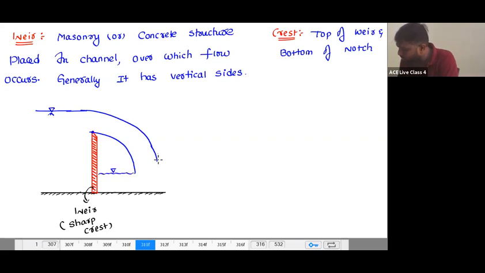This is the water level, and this is the water level. Forget about what is happening on the downstream side. I don't care whether the hydraulic jump happens or not.